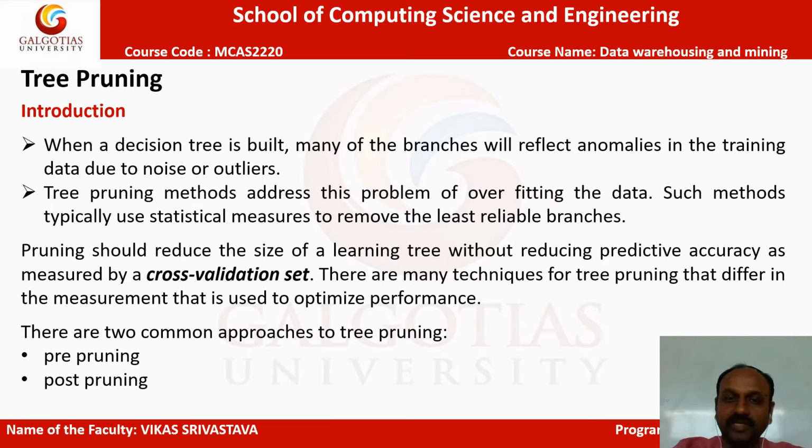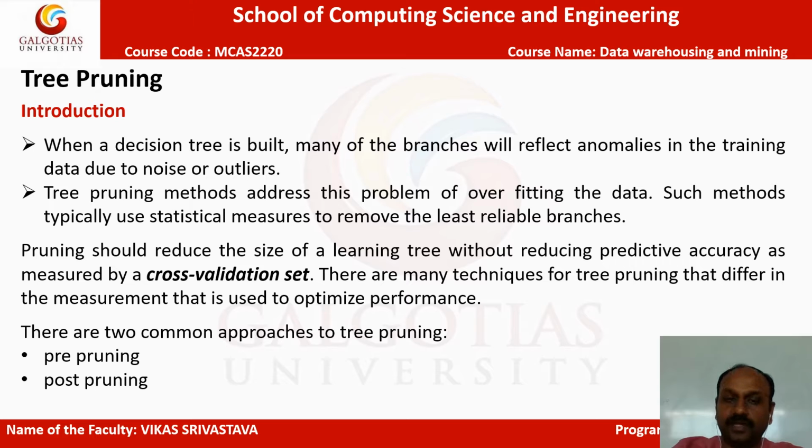When you apply pruning to reduce the size of your learning tree, first of all, the accuracy of the prediction should not be hampered, and you need to calculate the error sets based on cross validation. For each and every decision level, you need to check the errors and reduce that error as well.